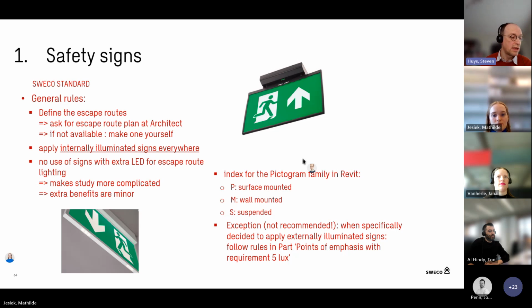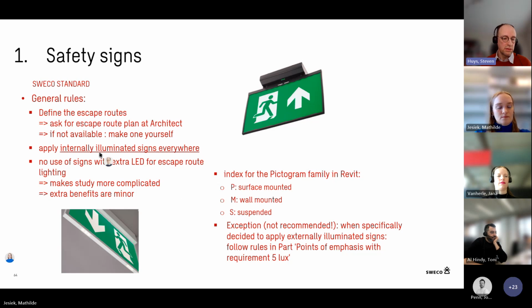If it's more, then you should have two escape routes, and then it's just a matter of placing the safety signs in the escape route to the escape doors. So it's not very difficult, and also take into account the viewing distances of the safety signs, but we will talk about it later on in the examples.